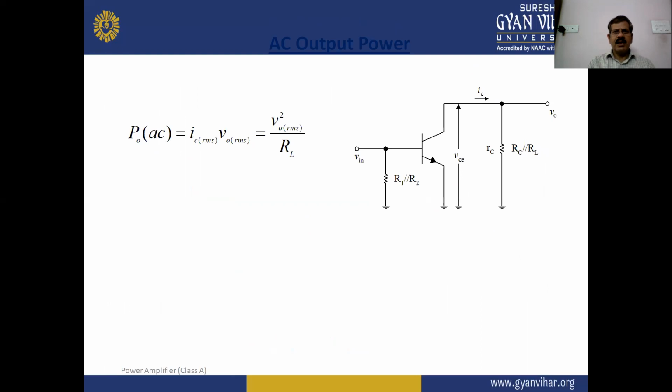And next, what is the AC output power? So P naught AC equals IC RMS into V naught RMS, or equals V naught RMS square upon RL. So this is the AC output power of the class A amplifier.